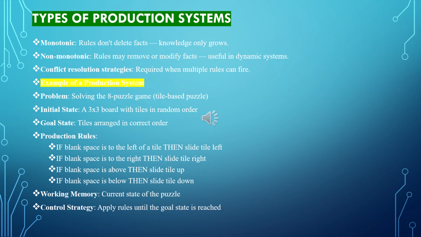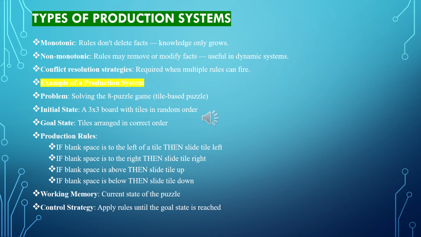Monotonic rules don't delete facts, so knowledge only grows. Non-monotonic rules may remove or modify facts, which is useful in dynamic systems. Conflict resolution is required when multiple rules can fire.